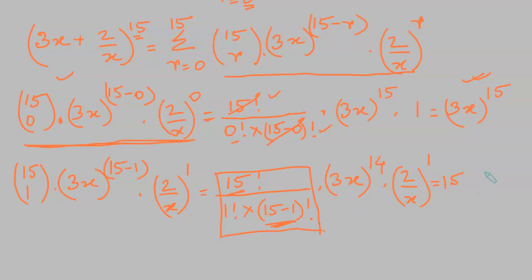Okay, 15 times 3x to the power of 14 and 2 over x to the power of 1, I am just writing 2 over x. So this is the second term.